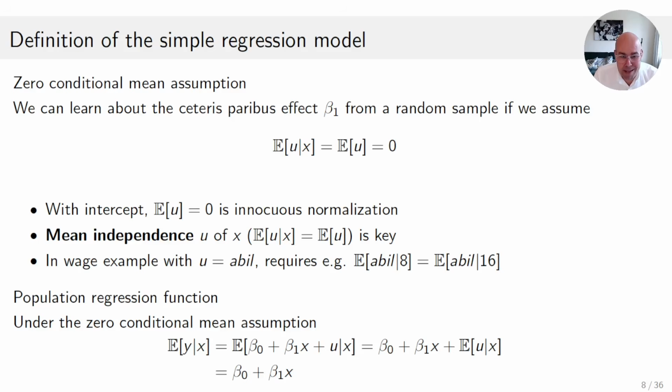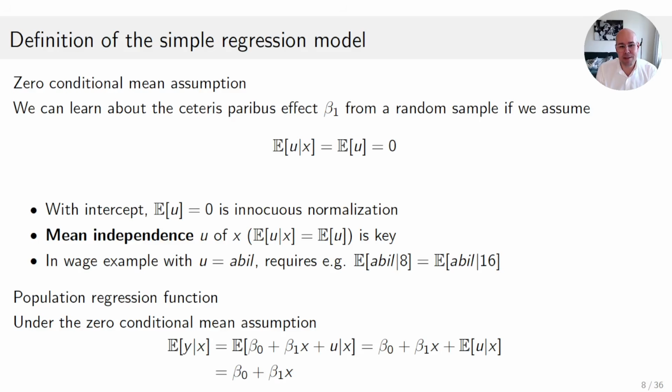What's going to be important throughout, and certainly in the baseline case that we're going to discuss first, is the so-called zero conditional mean assumption. And that's going to be important for learning about ceteris paribus effects, beta 1, from a random sample that we're going to have access to.